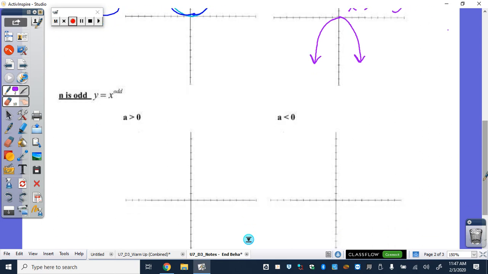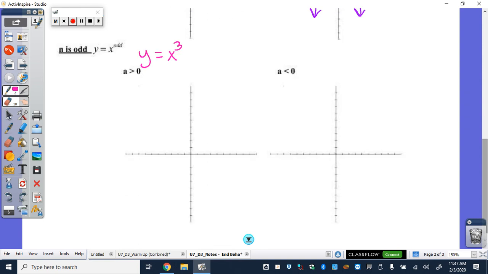So in looking at our odds, if we have an odd degree, for example y equals x to the third, y equals x to the 5th, with a positive leading coefficient, the way our end behaviors are going to go is the right side's going to go up and the left side's going to go down.